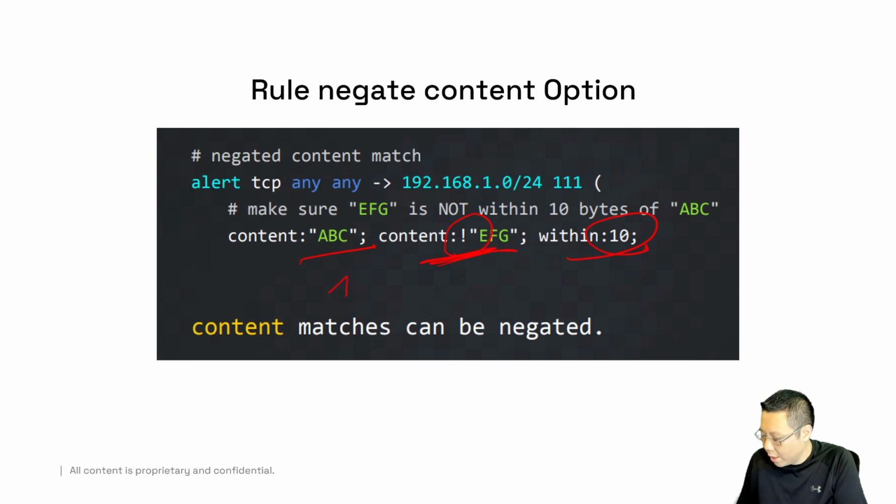So within 10 bytes, I can say ABC, but DEF would match as long as it's in between, or XYZ, because nothing is EFG. The problem is if you use negate too often, you're going to have lower performance because there's more rule matching logic that has to go with it.